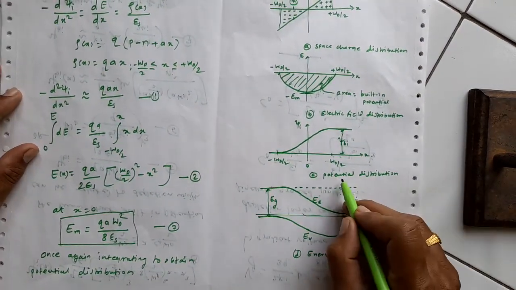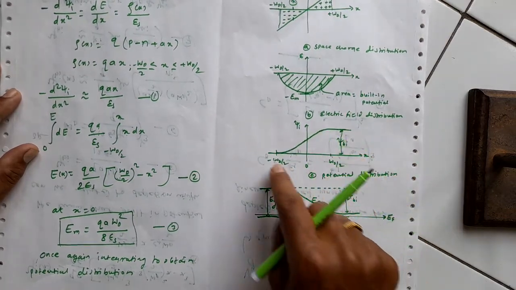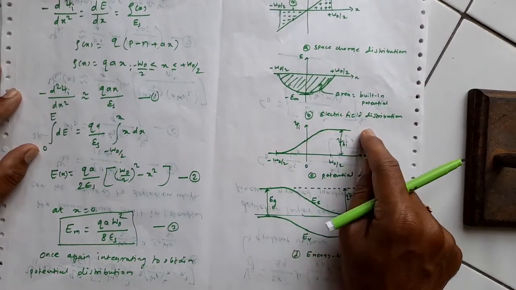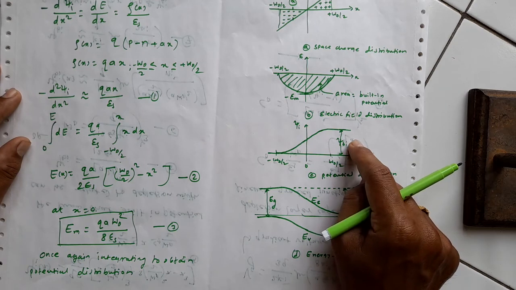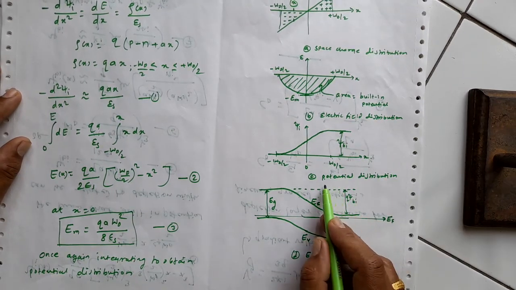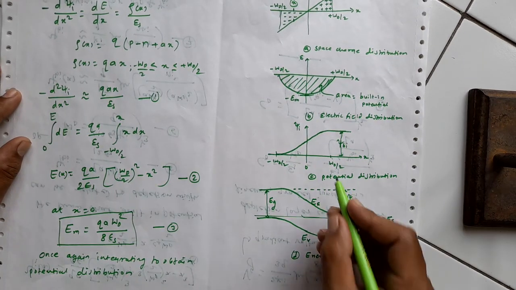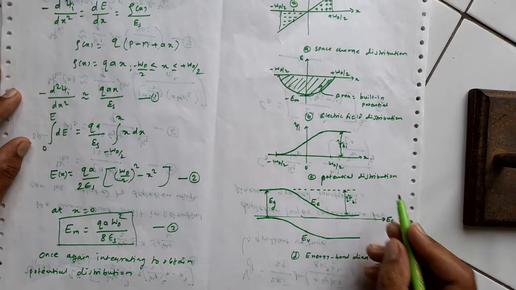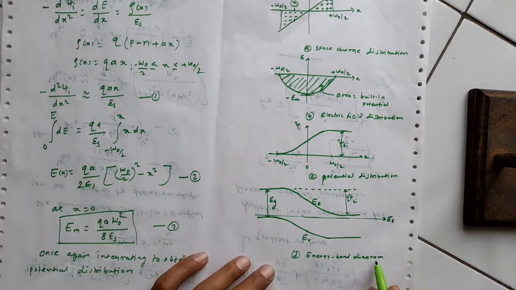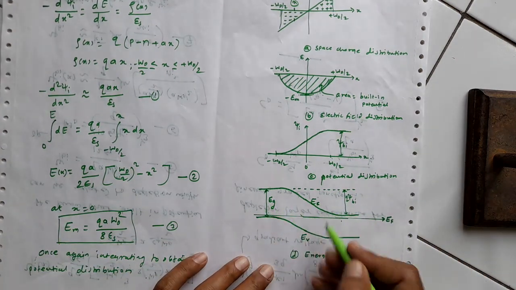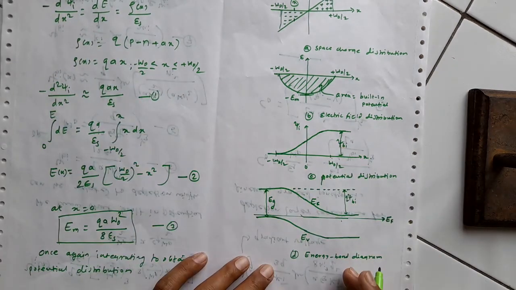You can see the potential distribution in this case is increasing, and it gets saturated. This is what we call the potential distribution, or else the energy band diagram related to the linearly graded junction.